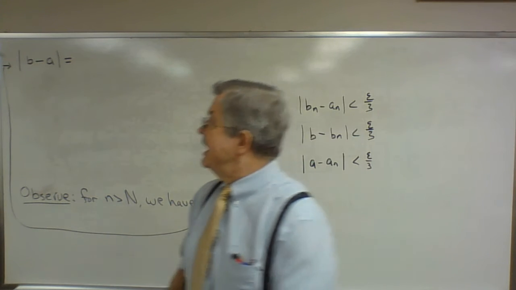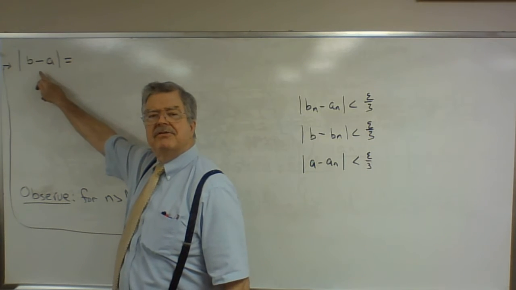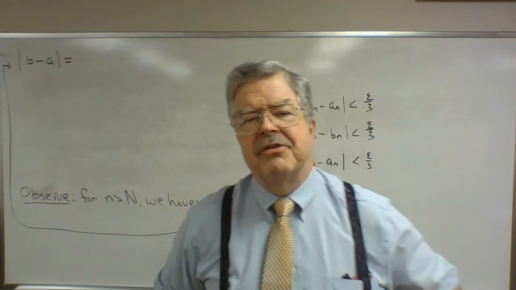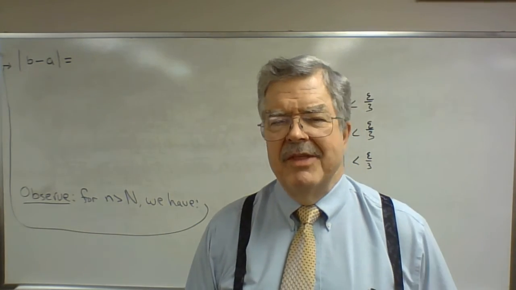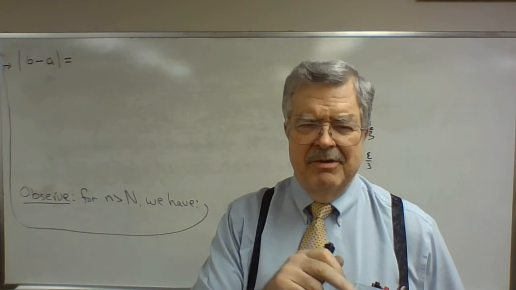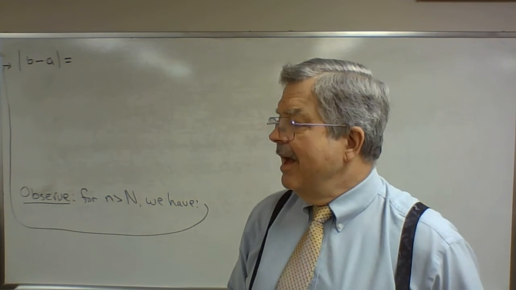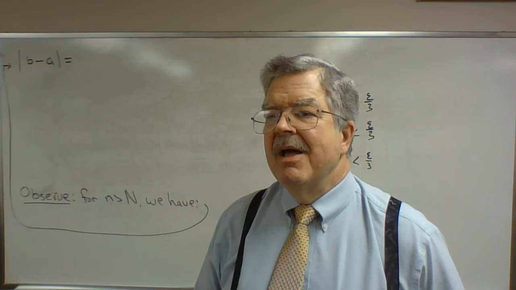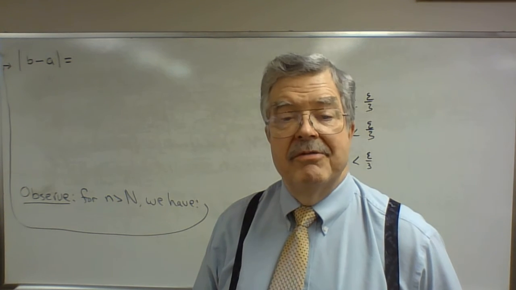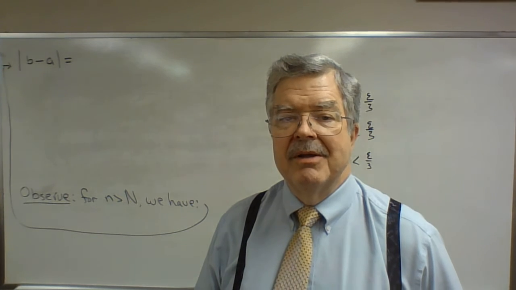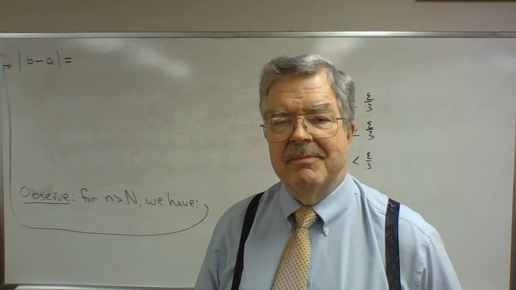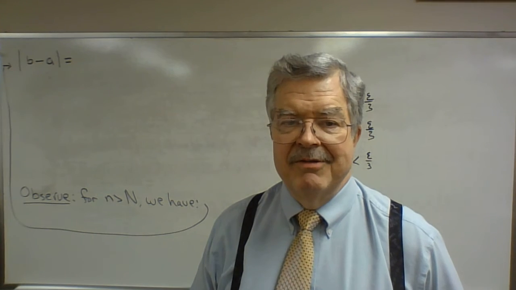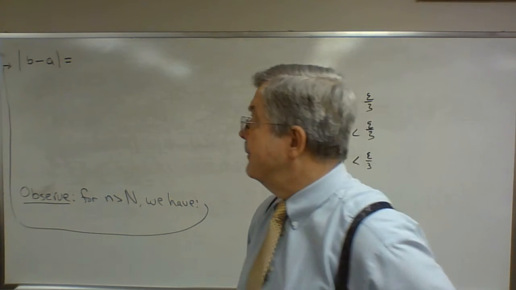We're going to introduce a sub n and b sub n into this absolute value by inserting a sub n and b sub n and then subtracting a sub n and b sub n right back. I won't say it's the oldest trick in the book, but it may be the most undervalued trick in the book. We use this a lot. It's a simple trick. It's a cheap trick, but it's very valuable, and we're going to do it right now.